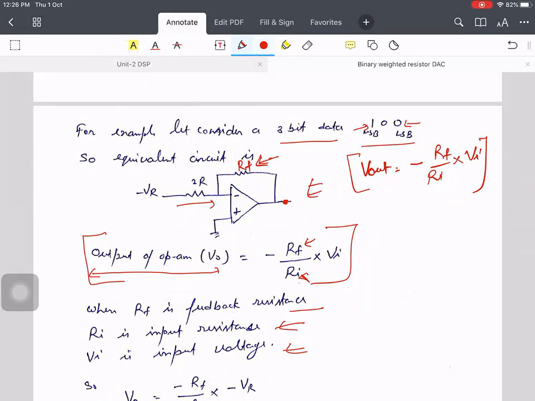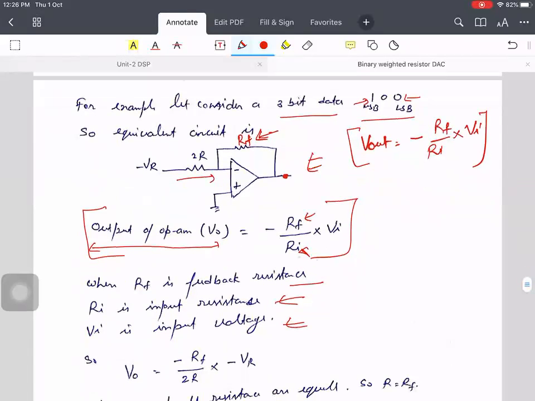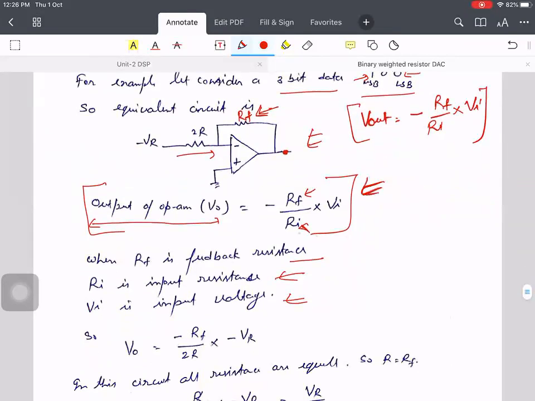So in this diagram, just put these values in this formula. We already consider RF equal to R. We know that for this case we are considering RF equal to R. So what will the formula become?